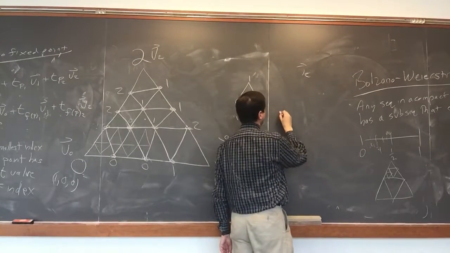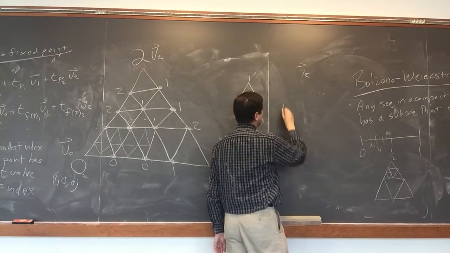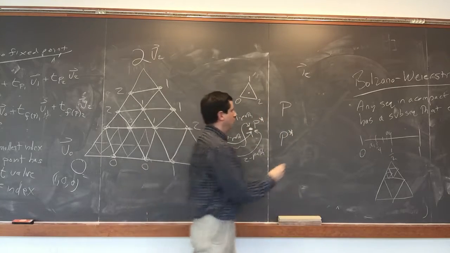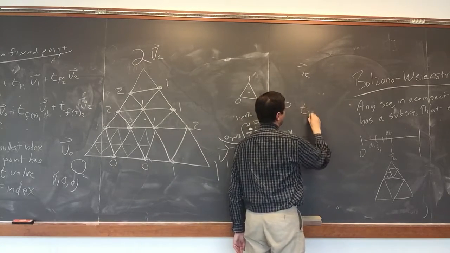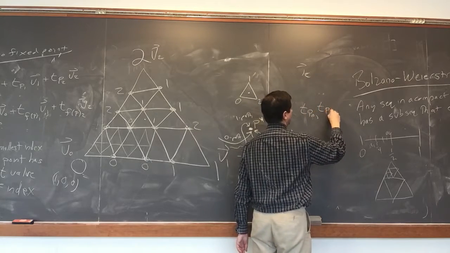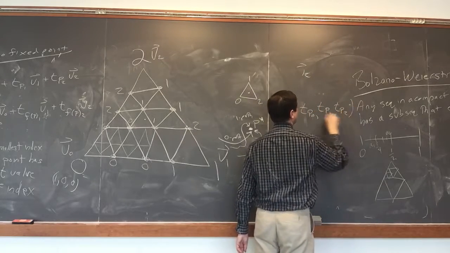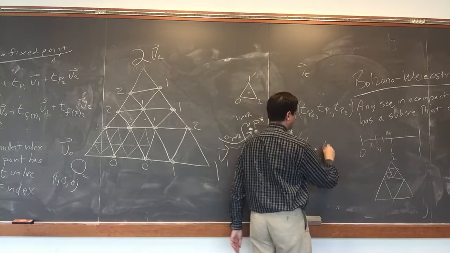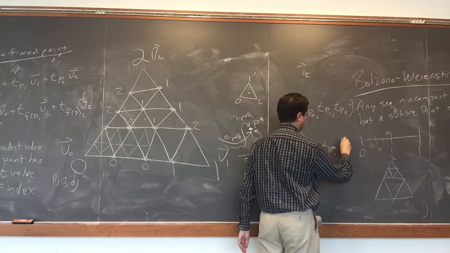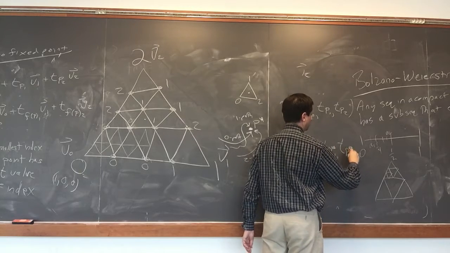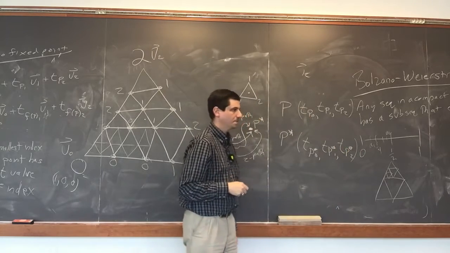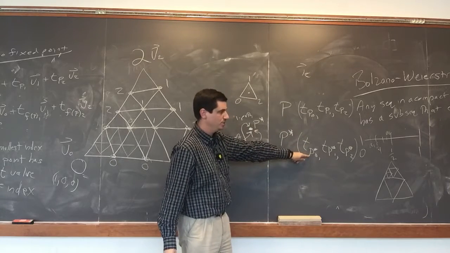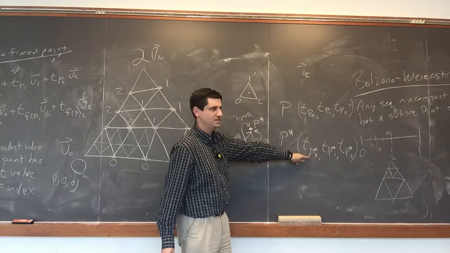And so we have p and p star. And we'll call this tP0, tP1, tP2. And we'll have tP star 0, tP star 1, tP star 2. And we know that tP0 is greater than or equal to tP star 0.